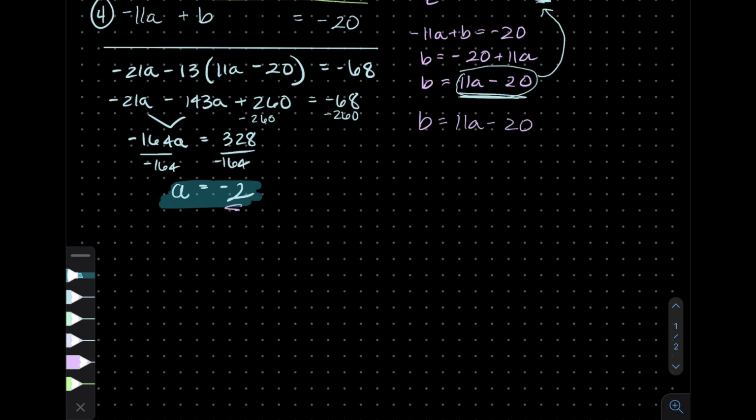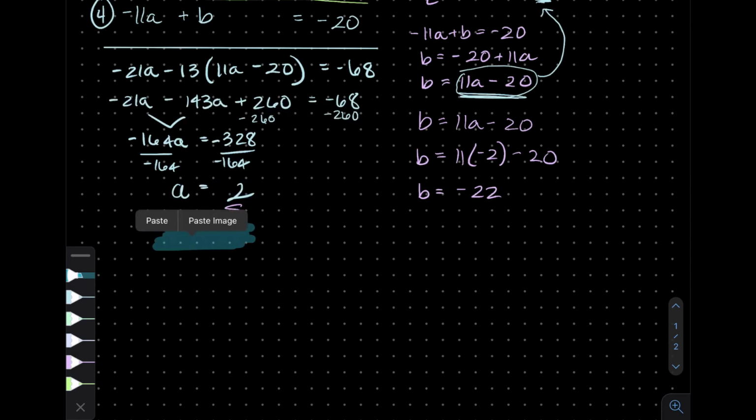But now I know what a is. So b actually equals 11 times negative 2, not negative 20, negative 2 minus 20. So we have b equals negative, oh, hold on, hold the phone. I dropped my negative. So we're just going to duplicate this guy and move it over there.